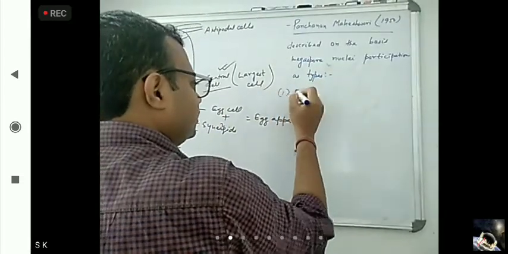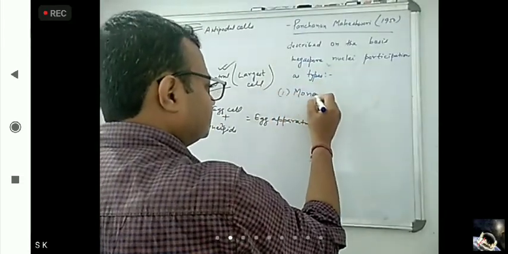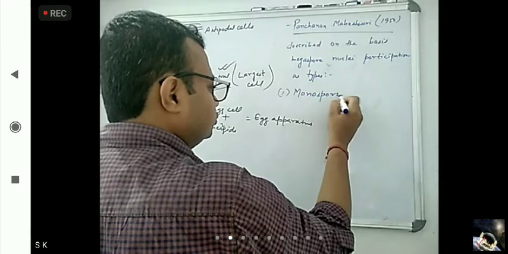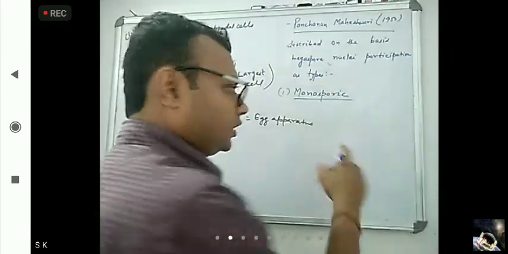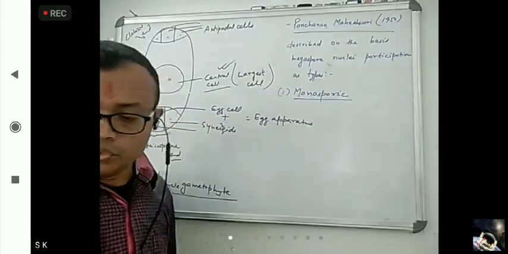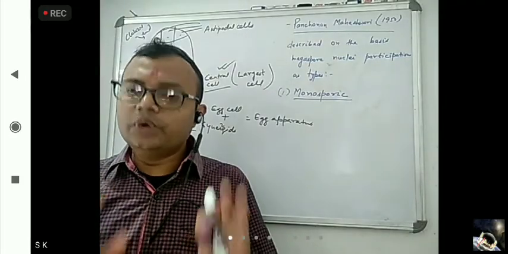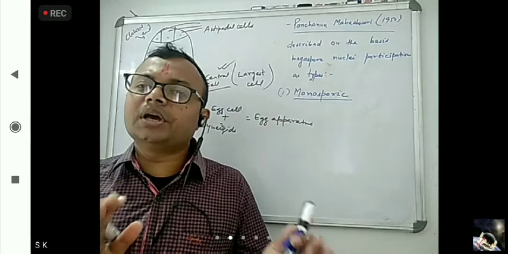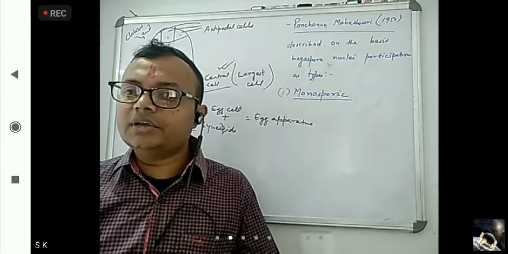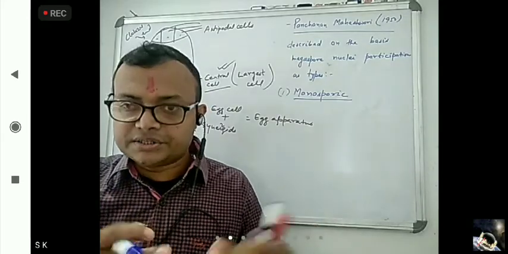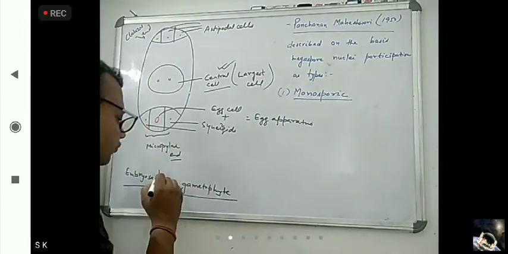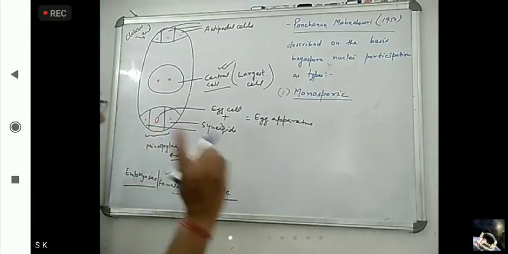The first one was monosporic. What does it say? Monosporic means only one out of four megaspore nuclei participates in the formation of the embryo sac. That is the most common.